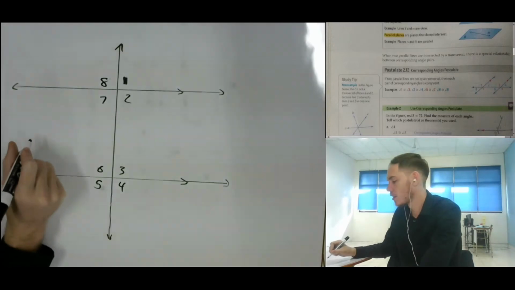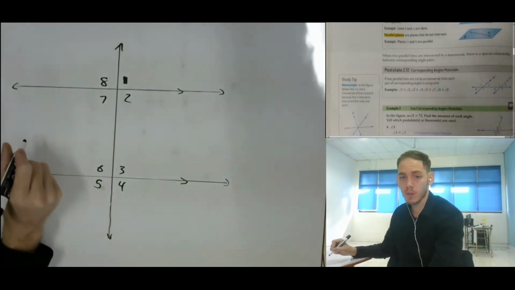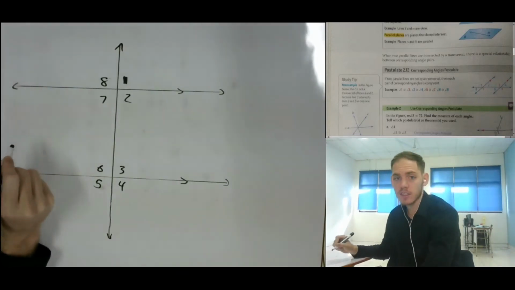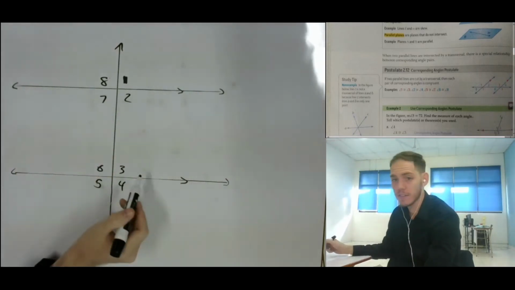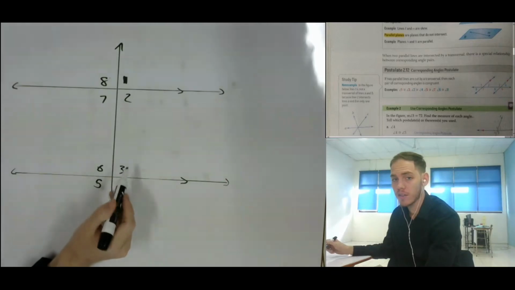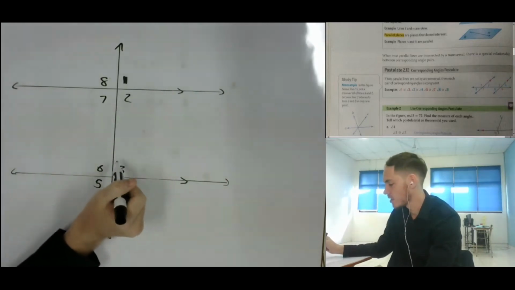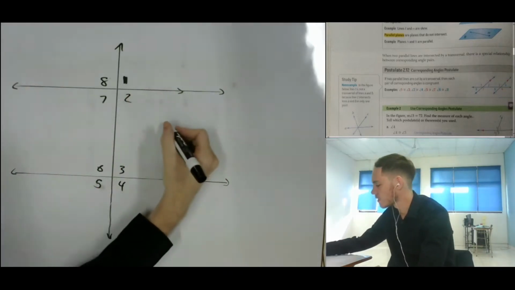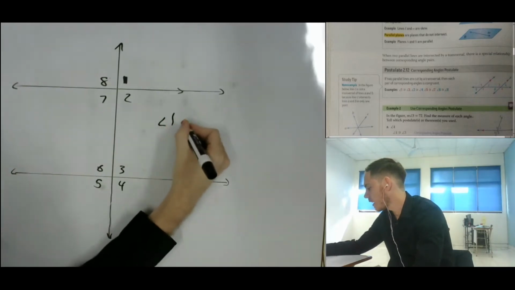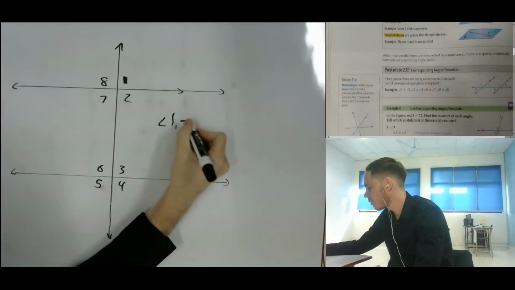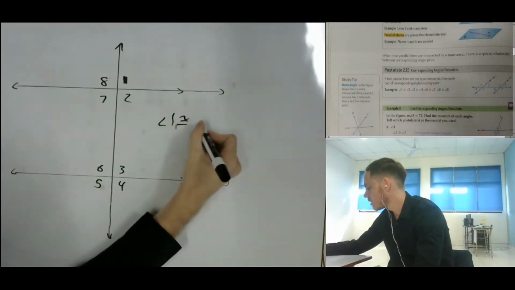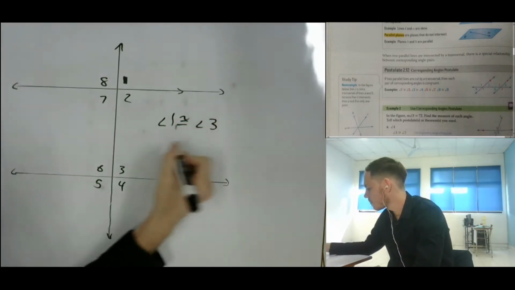Okay. So, corresponding angle postulate. Two parallel lines are cut by a transversal. Okay, that's what we have. Then each pair of corresponding angles is congruent. So, corresponding angles, angle 1, and so I'll just do it this way. Angle 1 is congruent to angle 3.